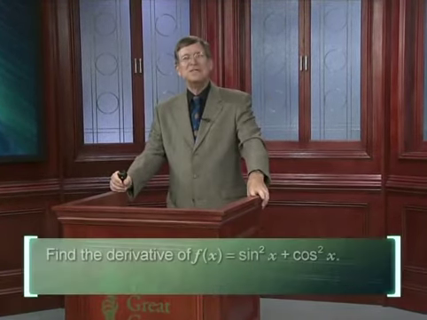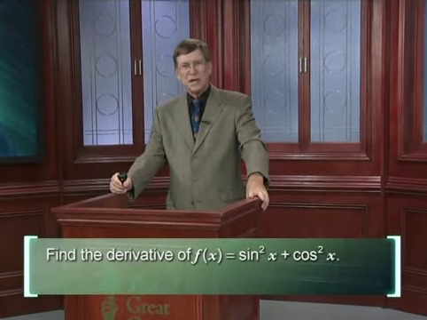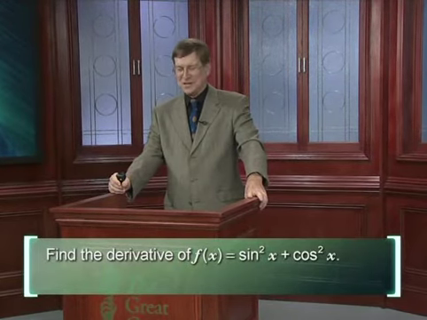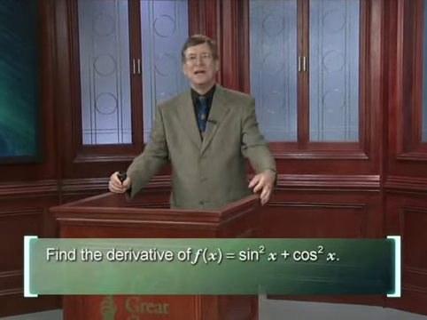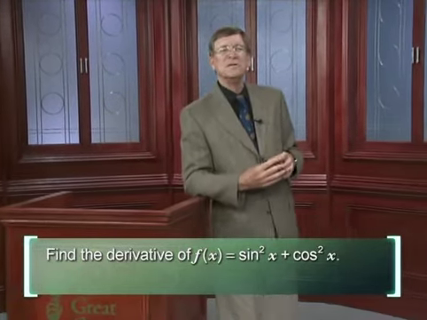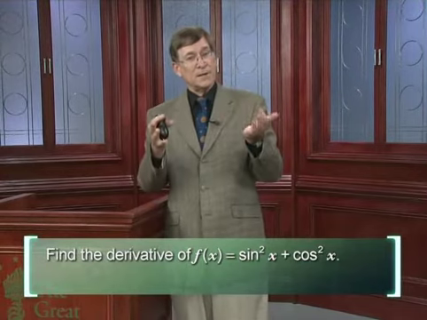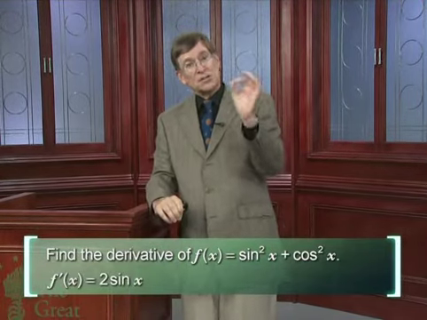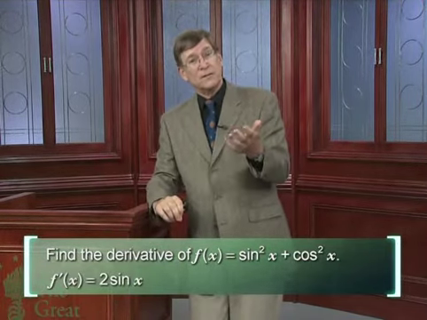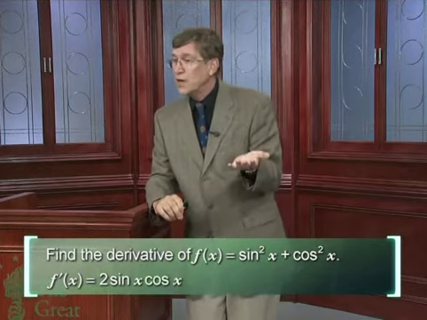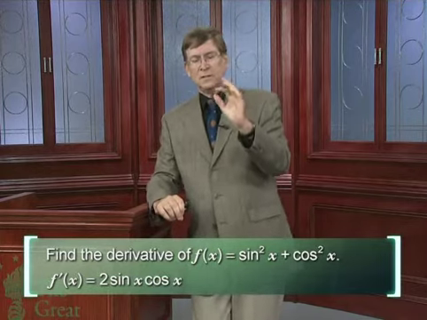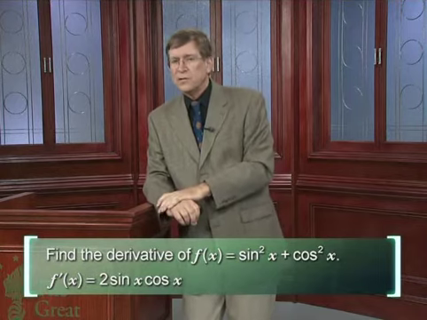Let's do a surprise problem. Let's find the derivative of sine squared x plus cosine squared x. Let's see what happens. So what's the derivative of sine squared? Well, that's something squared. The derivative would be 2 times sine x times the derivative of sine x, which is cosine x. Plus, what's the derivative of cosine squared?